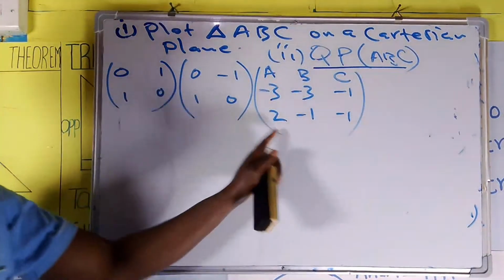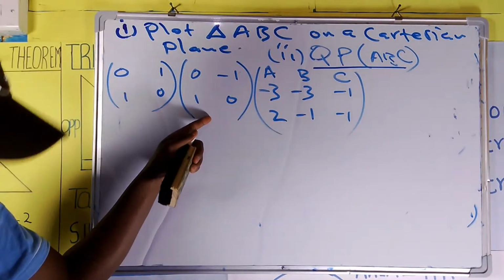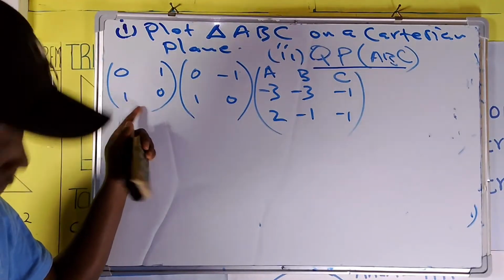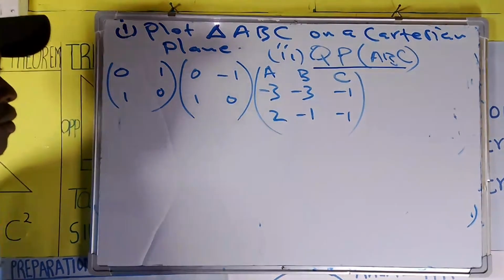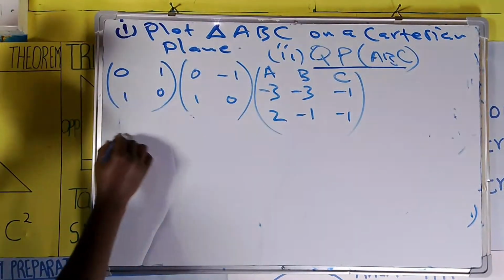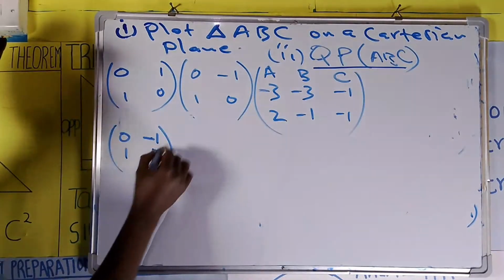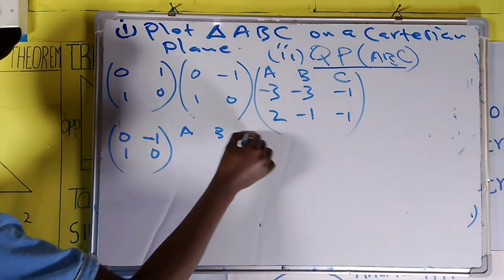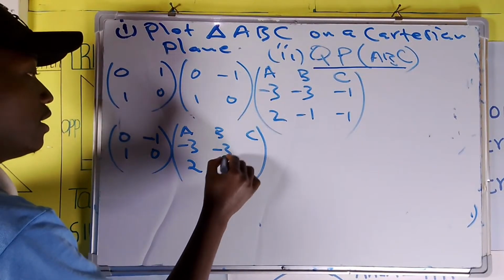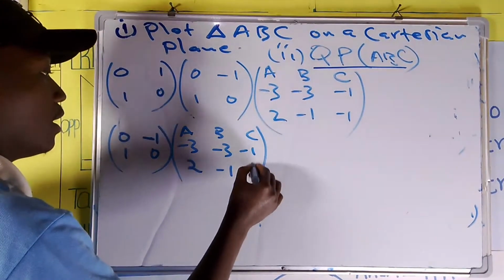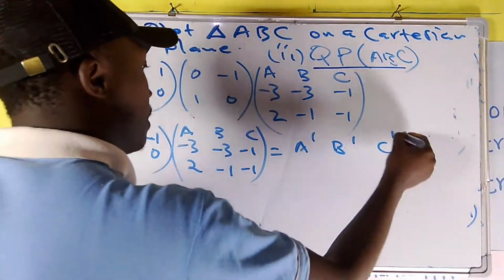The first transformation is P followed by Q. So we will start with the first one. 0 negative 1 1 0 multiplied by A B C, negative 3 2, negative 3 negative 1, negative 1 negative 1 should be equal to A prime B prime C prime.